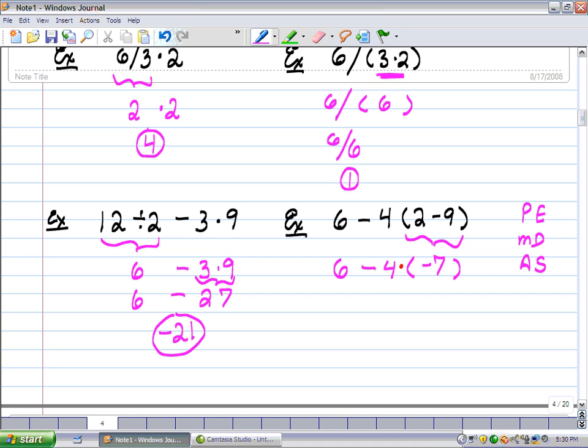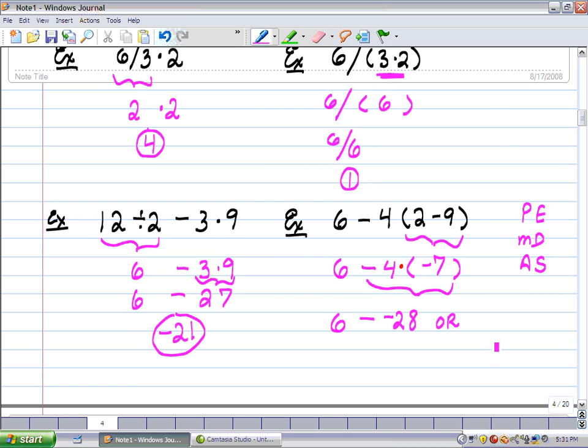So now I have left subtraction here and a multiplication here. Multiplication comes before subtraction, so I need to do the multiplication first. I could do 6 minus 4 times negative 7, which would be negative 28.